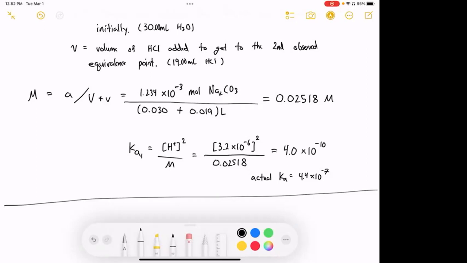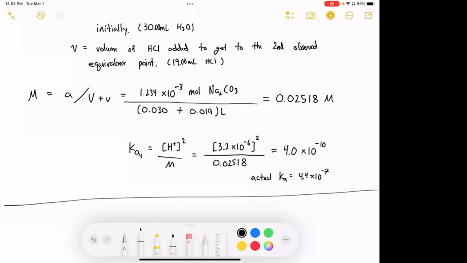It takes the Ka1 and Ka2 expressions and rearranges them to solve for the concentration of carbonic acid and then the concentration of bicarbonate ion. Then it uses substitution for the carbonic acid expression to get an expression with both Ka1 and Ka2, and you may see that on page 67.